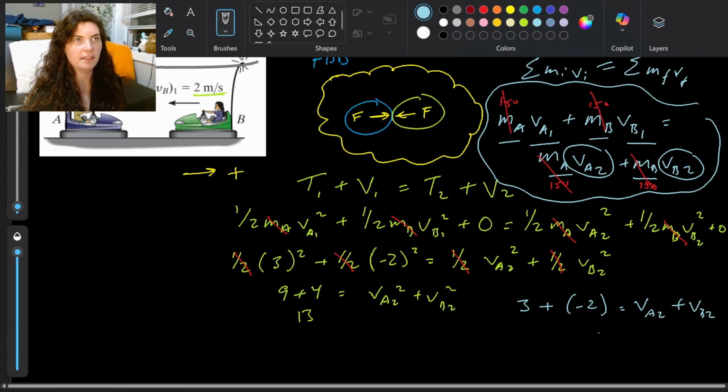And if I simplify this, I'll substitute in my A. So I'll say 1 minus VB2 equals VA2. I'm going to take this term and plug it in here.